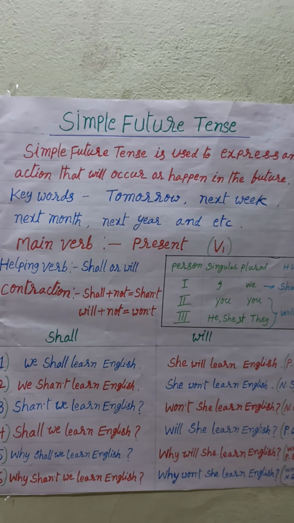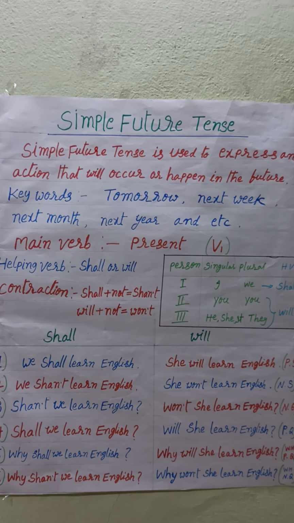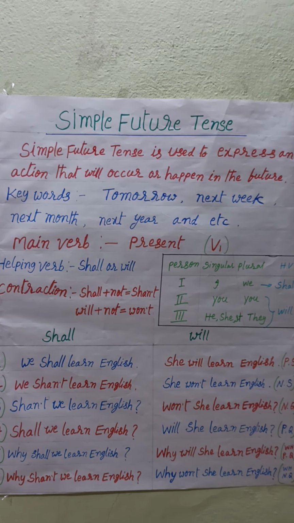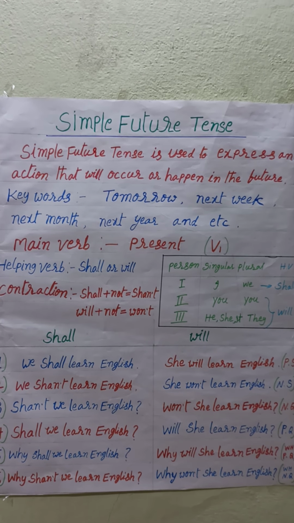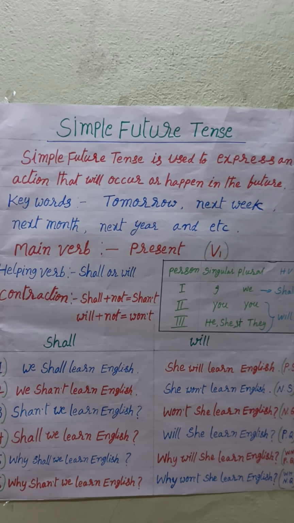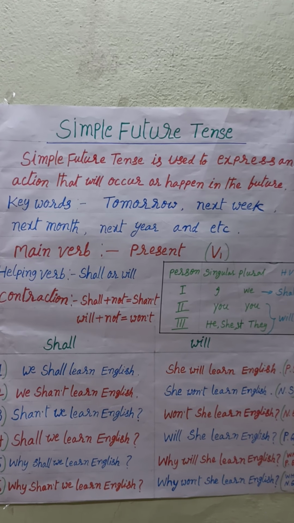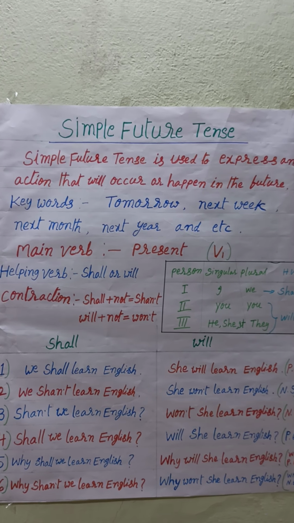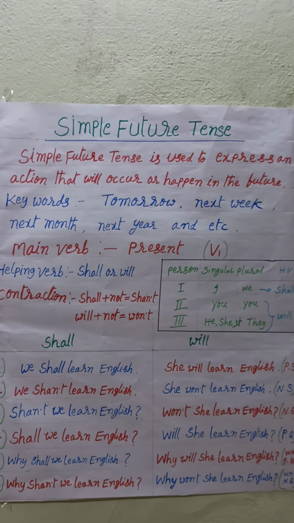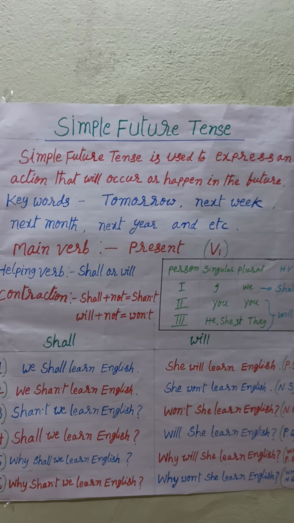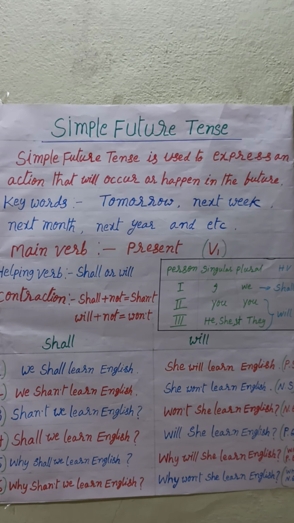But we write here will because it is third person. She is third person. She will learn English. It is positive sentence.